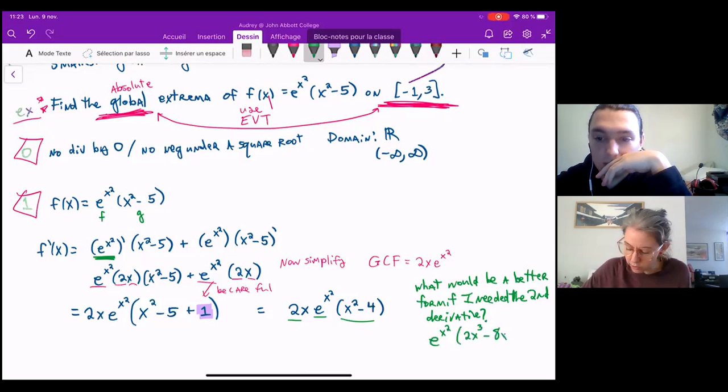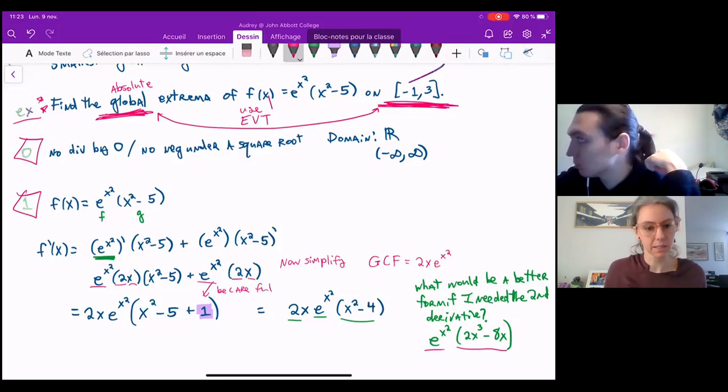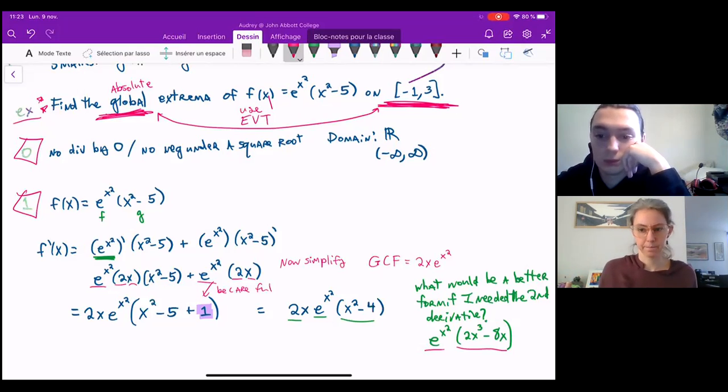So this would be 2x cubed minus 8x. In other words, I would distribute that 2x back inside. And now I just have one product rule, and I turned what was a product rule into more power rules. Does that make sense? Are there any questions about that?